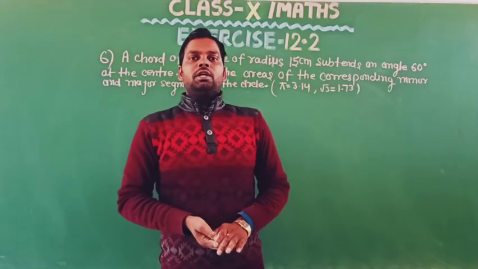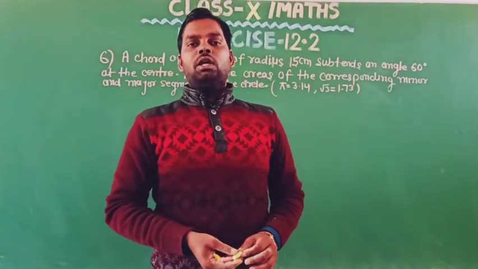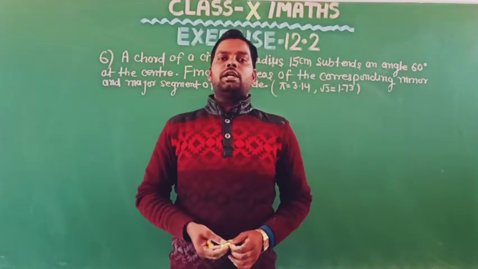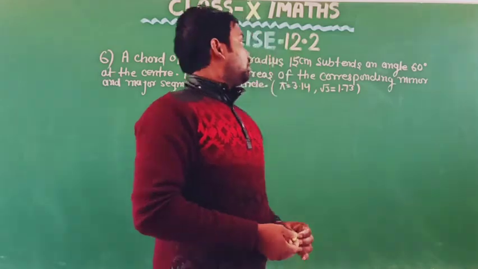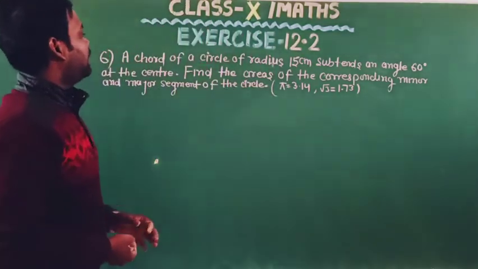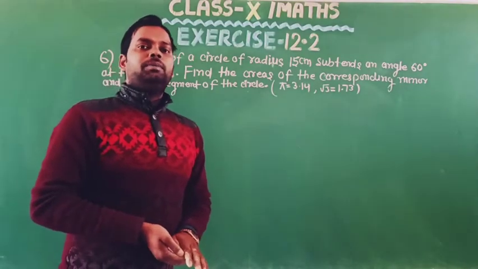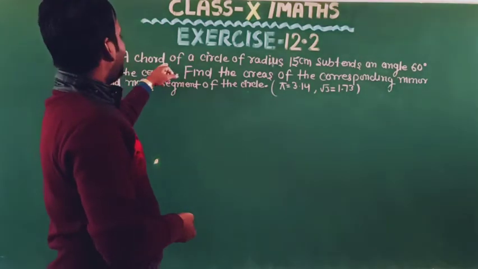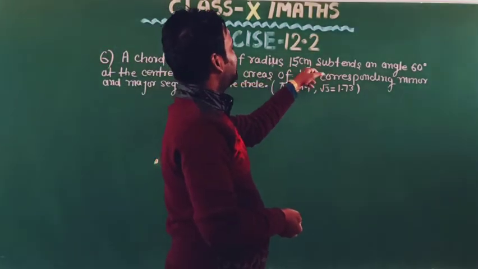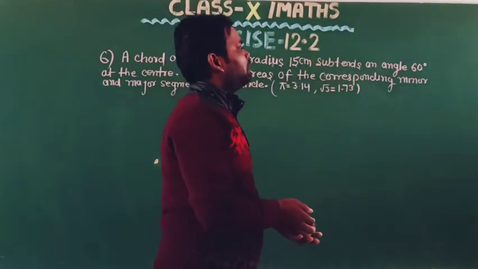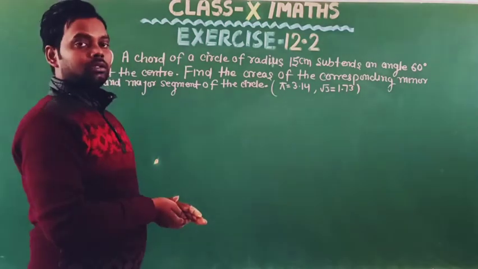Hello students, in this video I will solve exercise 12.2, area related to circles, question number 6. In this question it has been said that a chord of a circle of radius 50 cm subtends an angle of 60 degrees at the center.